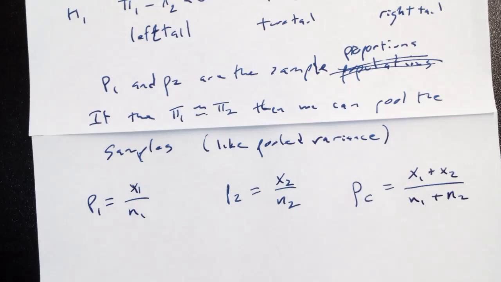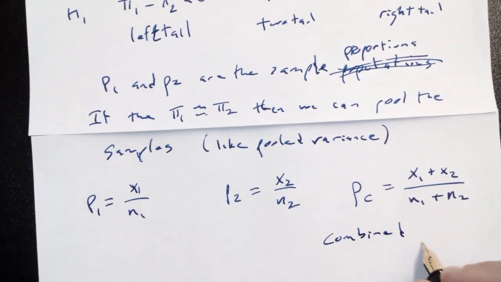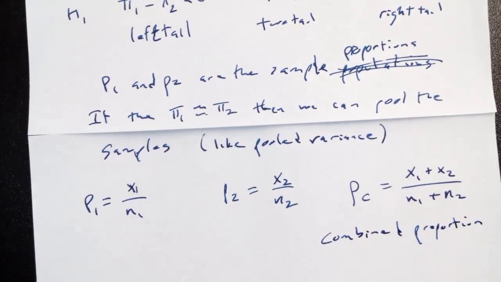That's not just the same as adding the two fractions. That's an important difference. This is called our combined proportion. And it plays the same role as our pooled variance did, meaning the calculation on mean.